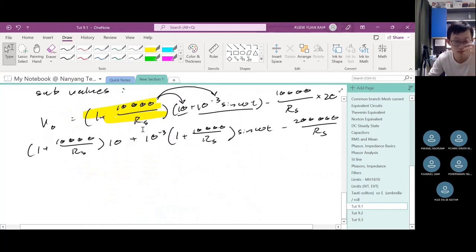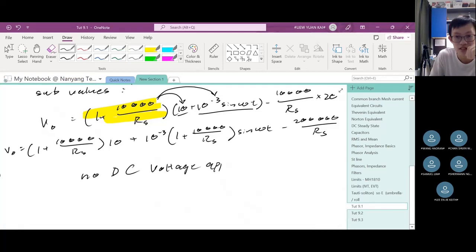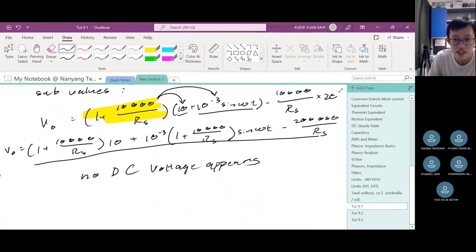Let us go back to the terms that we have arrived at down here. Again, this is just V out. Now, they say no DC voltage appears. So we have to scan through this entire expression and look for the terms that are constant values.